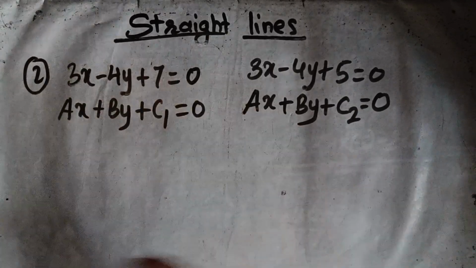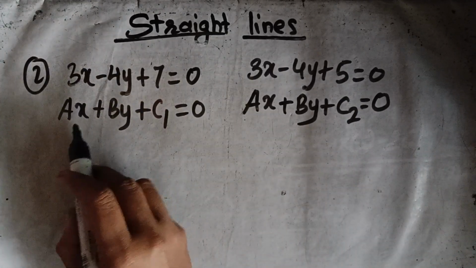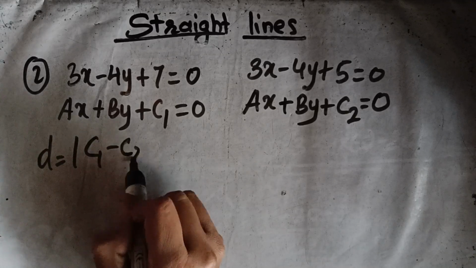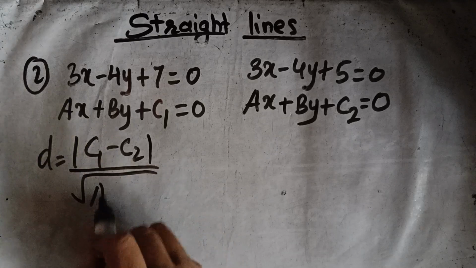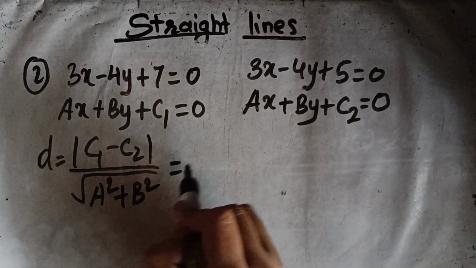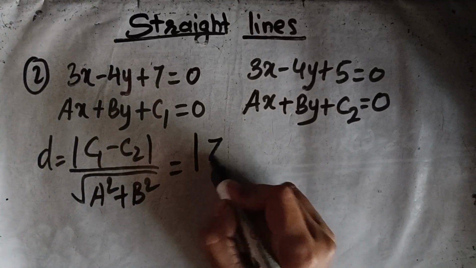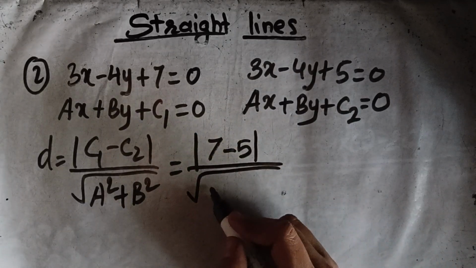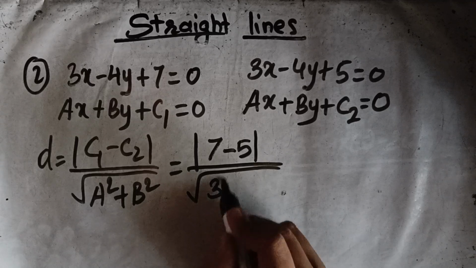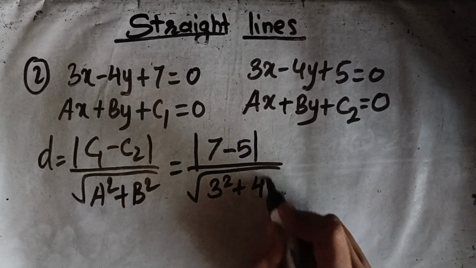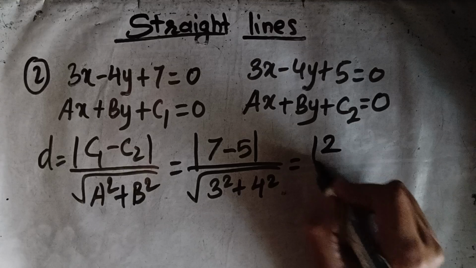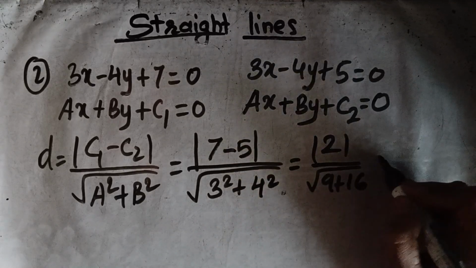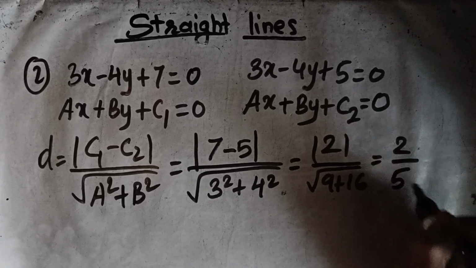Because the slope comes equal. So the distance is C1 minus C2 upon root of A square plus B square. So C1 minus C2 is 2, upon root of 3 square plus 4 square, which is 9 plus 16. So again 2 upon 5 is the answer.